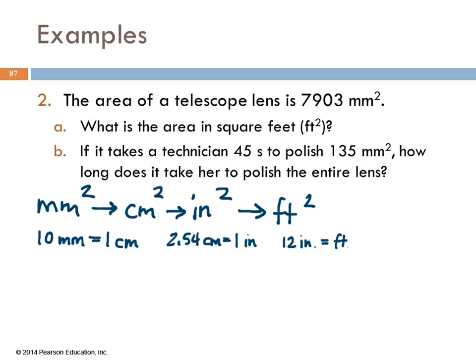So now we've got all the pieces, we just have to put together the puzzle. 7903 square millimeters. How many arrows do we have? 3. That means we're going to have 3 fractions.